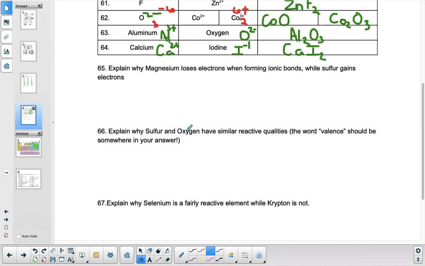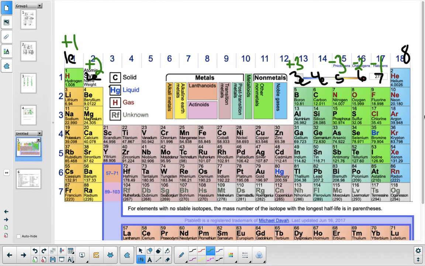For sulfur and oxygen, these have similar reactive qualities, and so we want to know why with our valence electrons. So if we find those two on the chart, sulfur and oxygen, they're in the same column. They have the same number of valence electrons. So your valence electrons determine the reactivity of the atom.